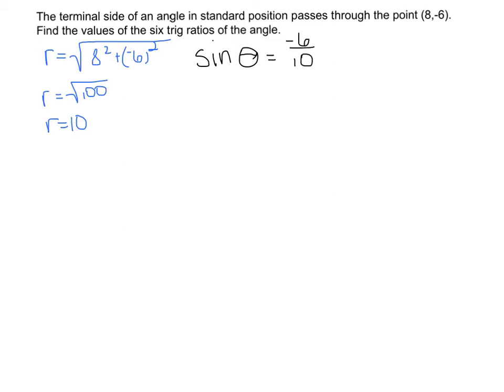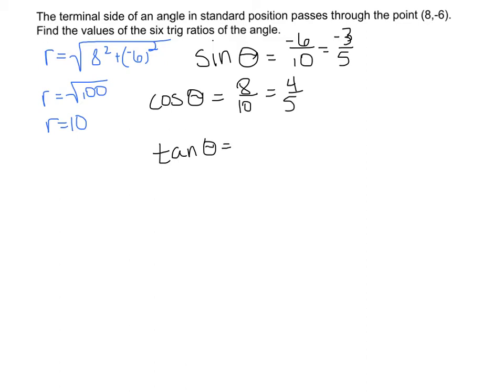Here, I'm just going to start right off the bat. 6 over 10 can be reduced. So this is really negative 3/5. This one's 4/5. This will reduce to negative 3/4.